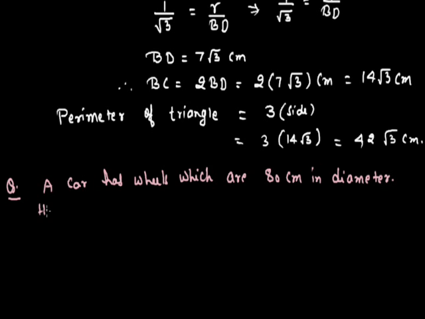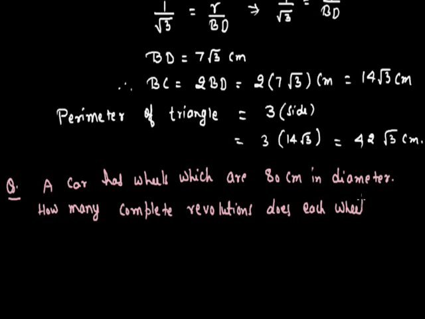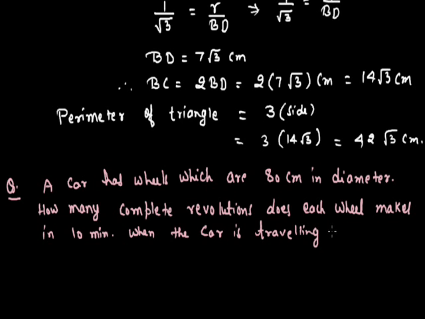How many complete revolutions does each wheel make in 10 minutes when the car is traveling at a speed of 66 km per hour.